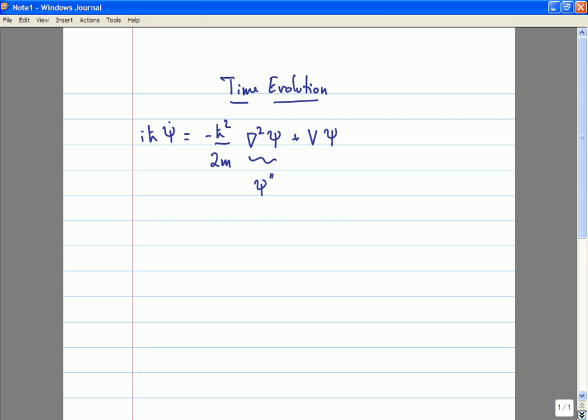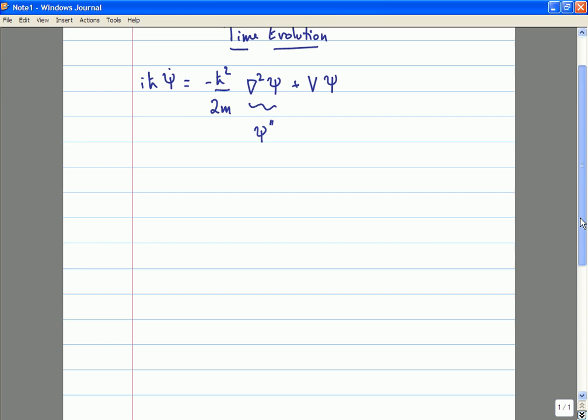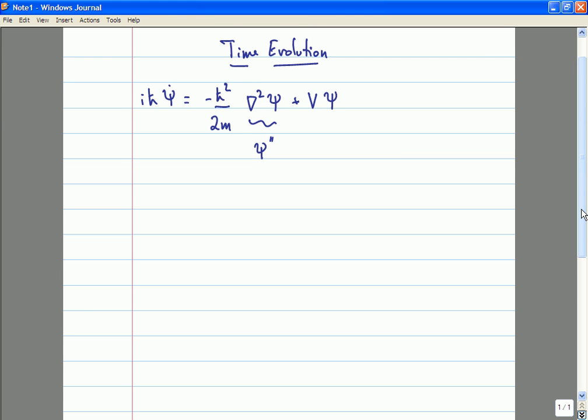Okay. And last time, I concluded by trying to understand a little bit the physical interpretation of the wave function psi based on the properties of this time-dependent Schrodinger equation.